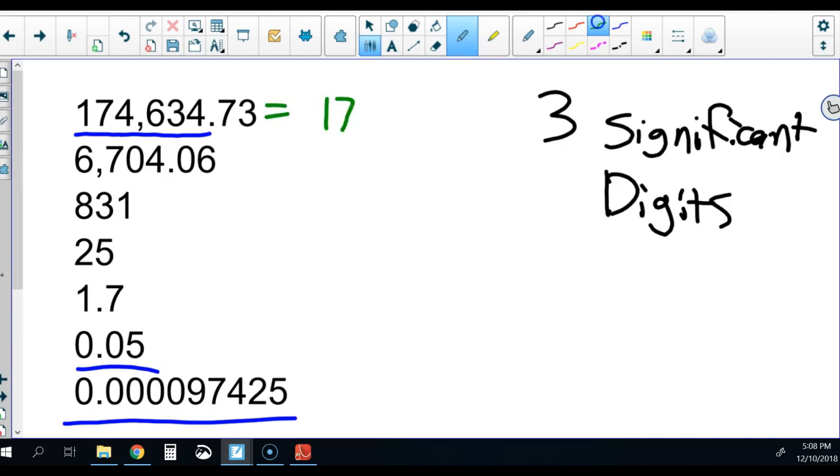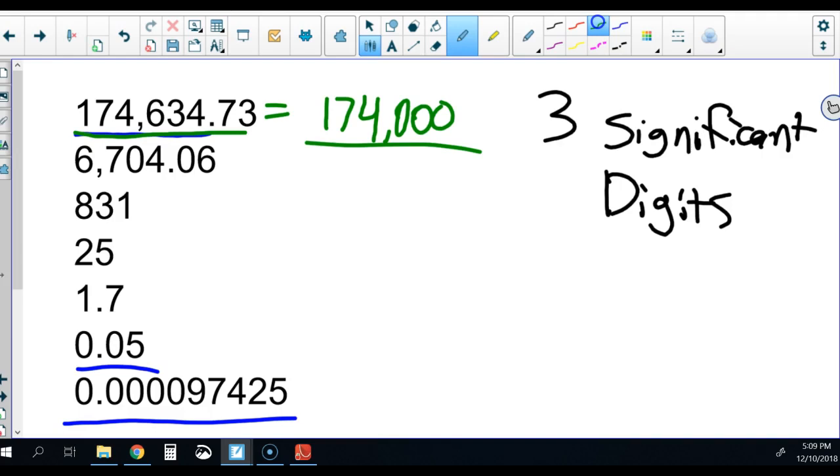So 174,000. That is 3 significant digits. That is how your answer has to look. If you give too many significant digits, if you were to write this out exactly the way it is, it'd be wrong because that's more than 3 significant digits. If you give less than 3 significant digits, if you rounded it off to 170,000, that would also be wrong.